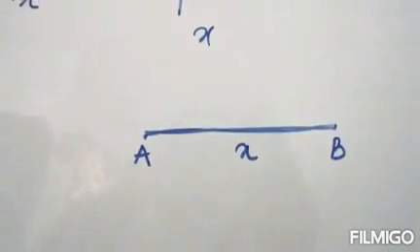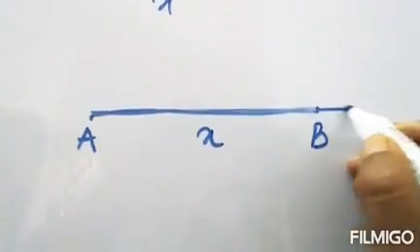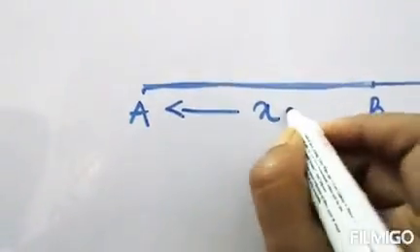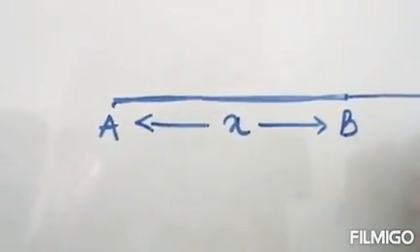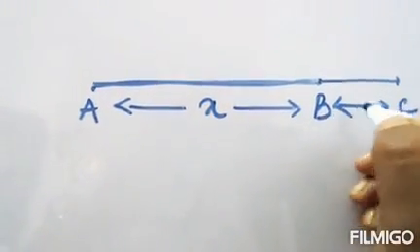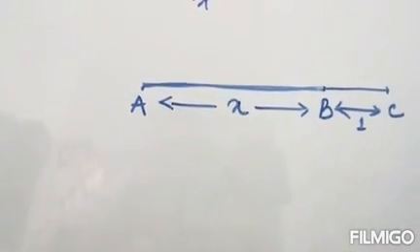Now from B you will take one unit distance. This much is x and here you will mark it as C. This will be unit distance, meaning 1.